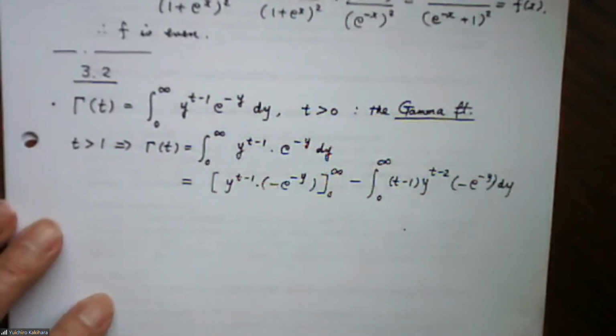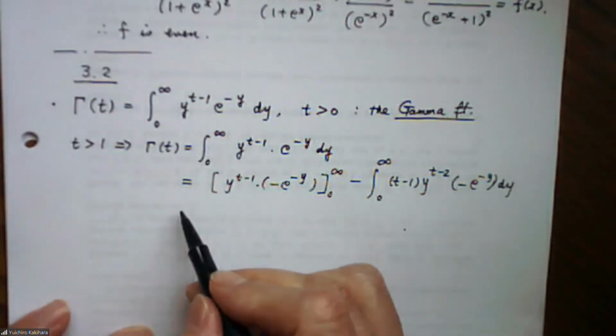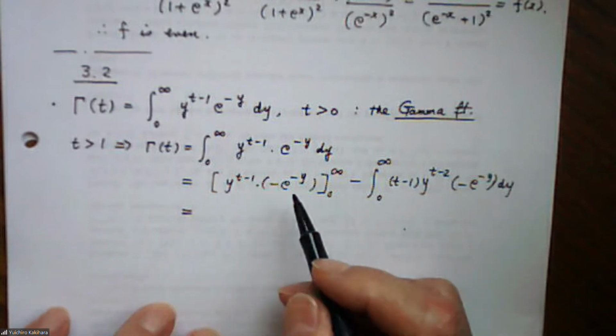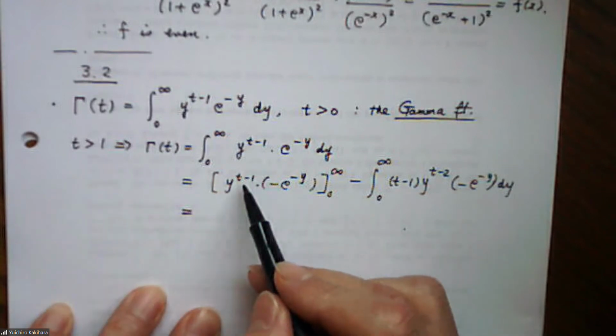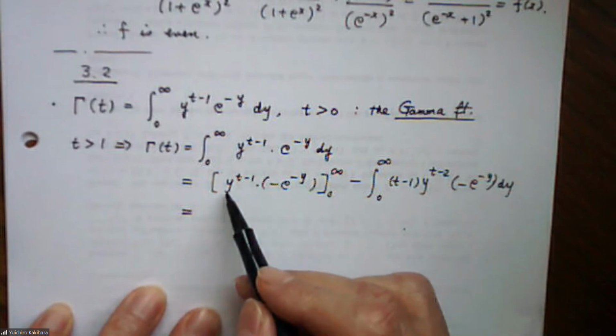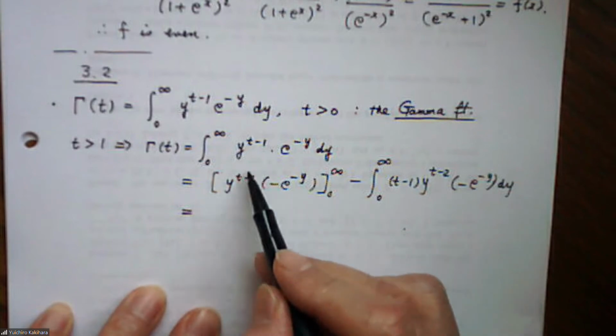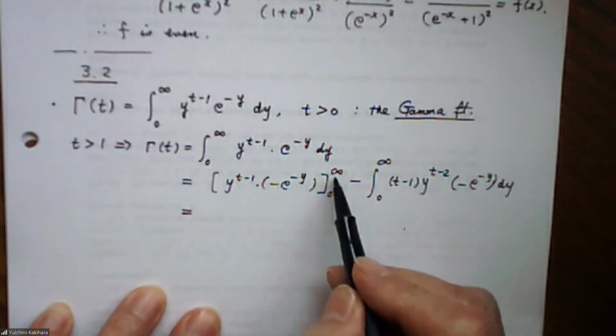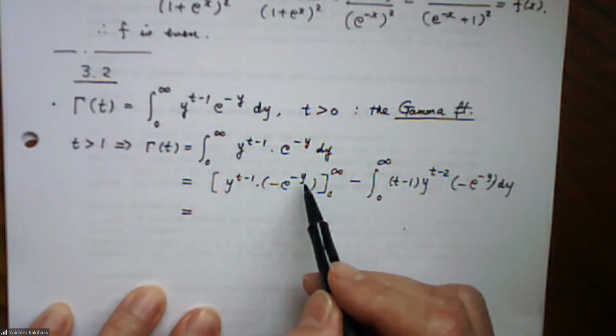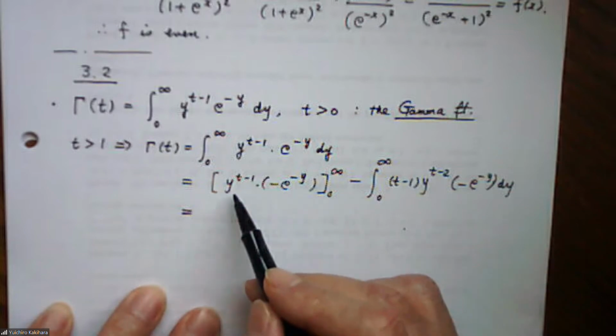I'm using integration by parts. And now t is greater than 1, so this is positive. And then plug in infinity, and this is going to be infinity. But this is negative e to the negative infinity, which is 0. But which one is larger?